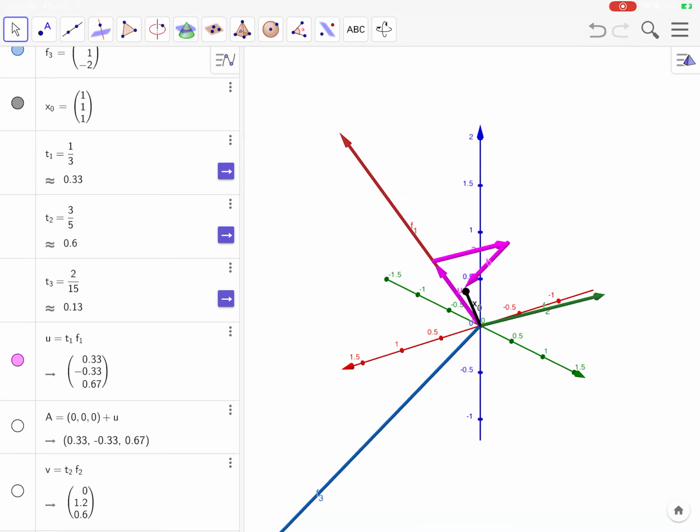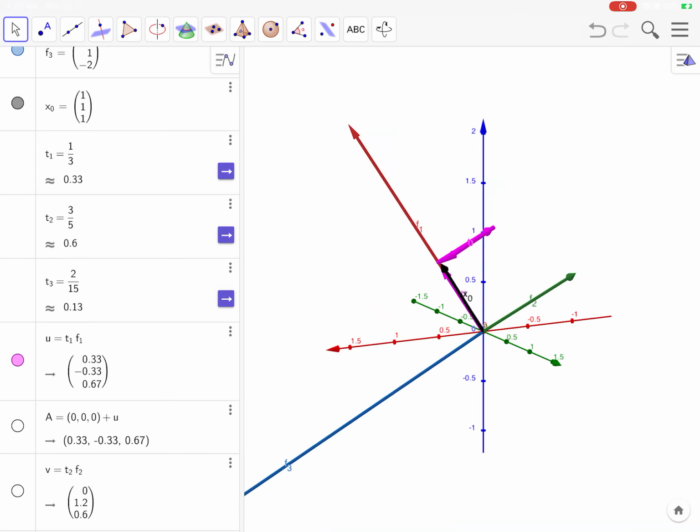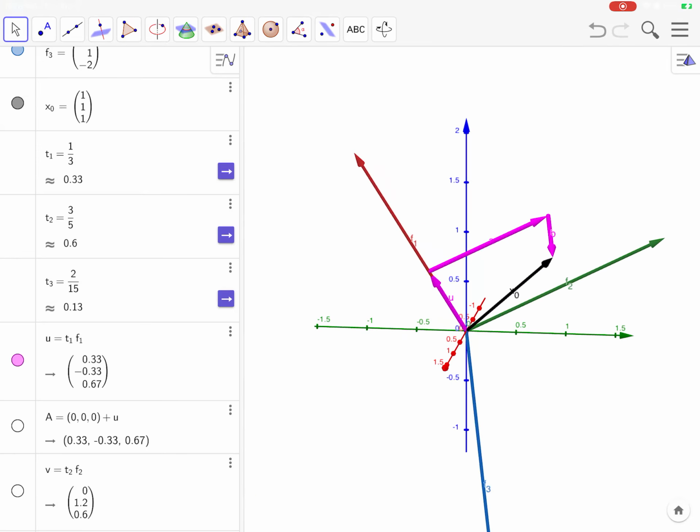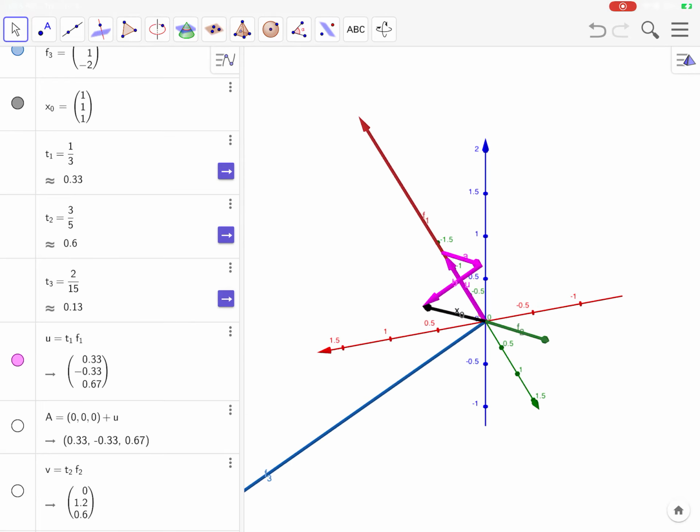So this first pink vector U there, that is the one that shoots in the same direction as F1. The next one shoots in the direction of F2, and the last one shoots in the direction of F3.